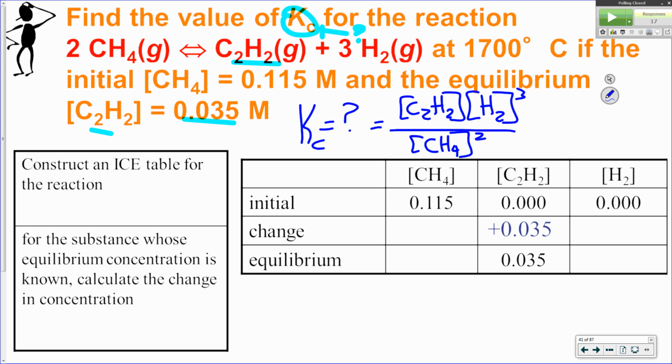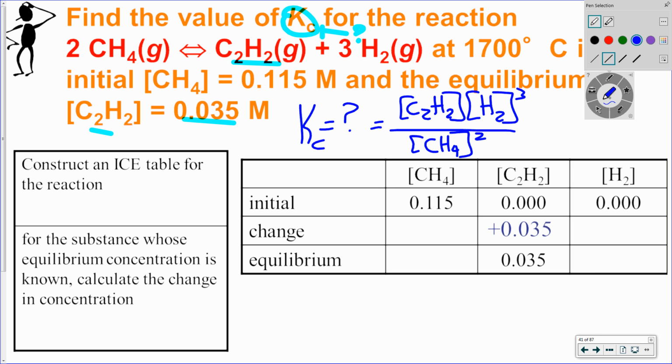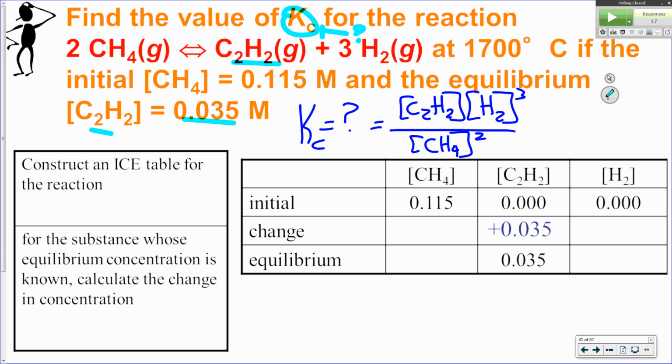Do I know anything in this? The only one I know initially is this guy. I know that. Okay, I've got to figure out what these other 2 concentrations are. So we're going to go to the ICE table and figure that out.